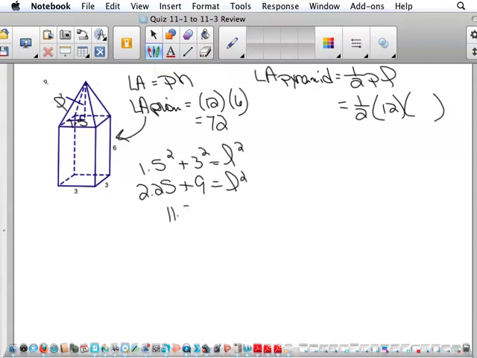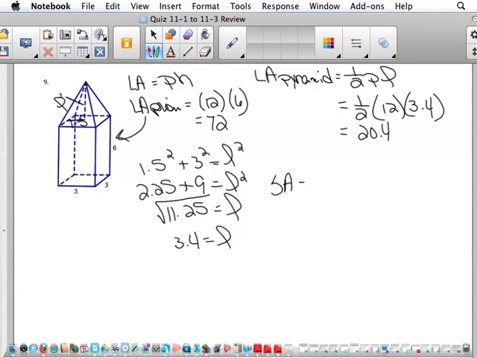So the square root of 11.25, which is a slant height of about 3.4. So my lateral area of the pyramid is about 20.4.